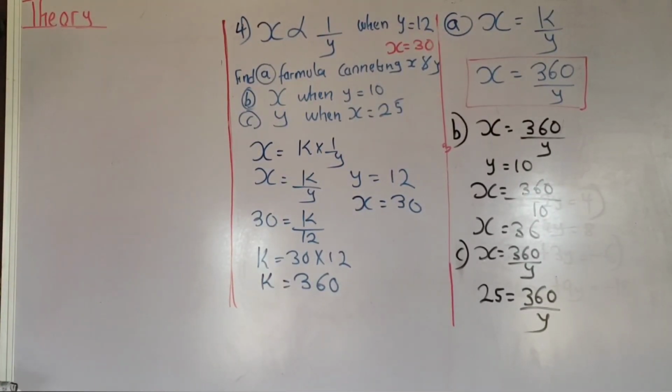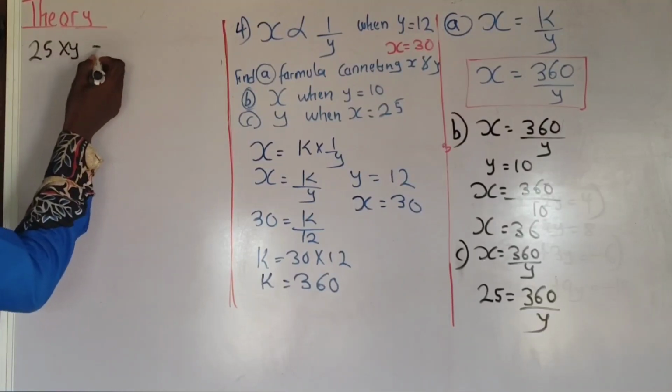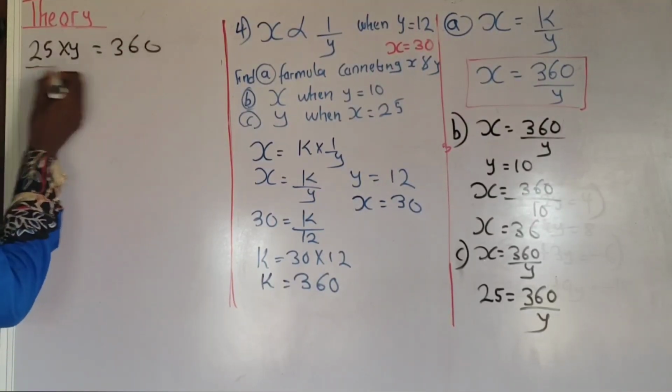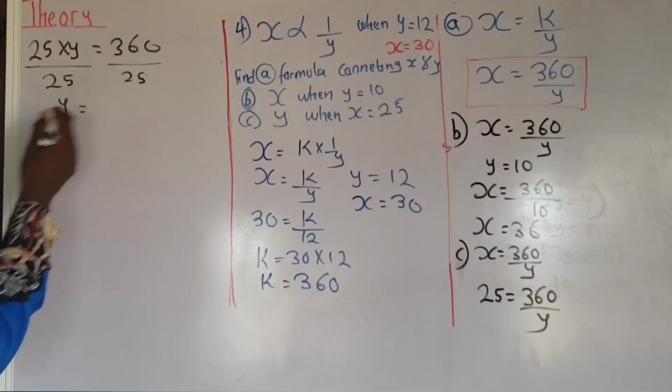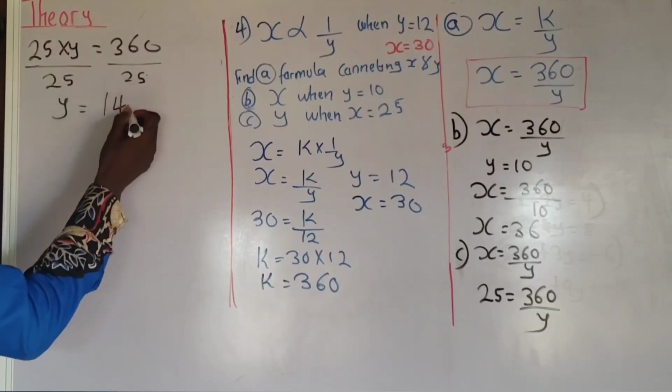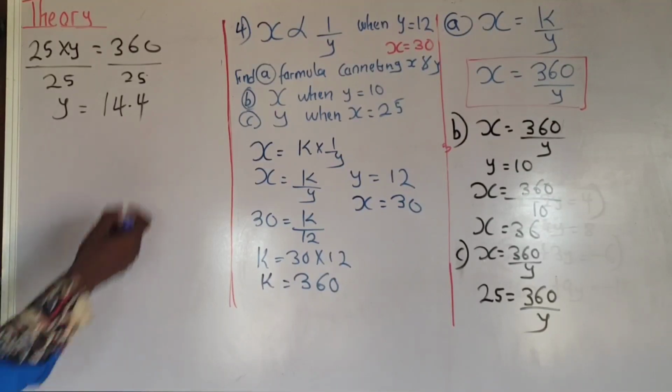So here I'm going to have 25 times y equals 360. So divide this by 25, and this by 25. So y is equal to 14.4. So the answer to the third question is 14.4.